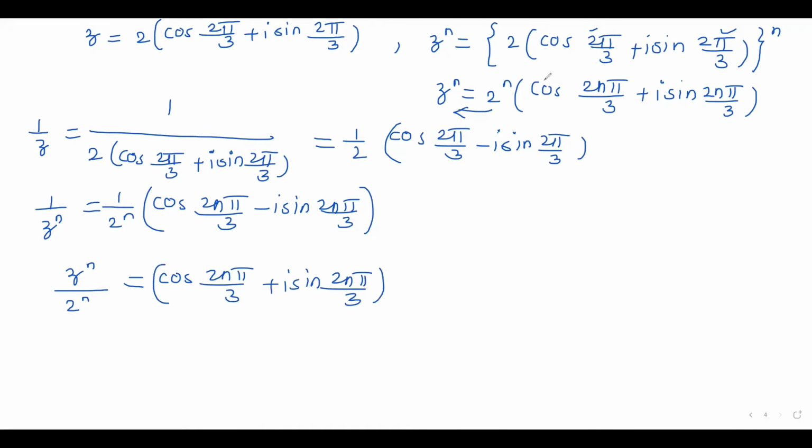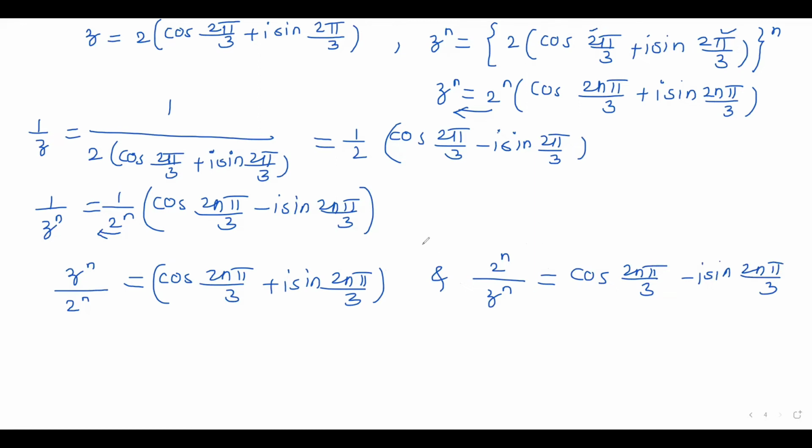From this equation. Similarly, in this equation, if I shift this 2 raised to n on the left hand side, it will go in the numerator, and therefore this will become 2 raised to n divided by z raised to n, which is nothing but cos of 2n pi by 3 minus i into sine of 2n pi by 3, right?